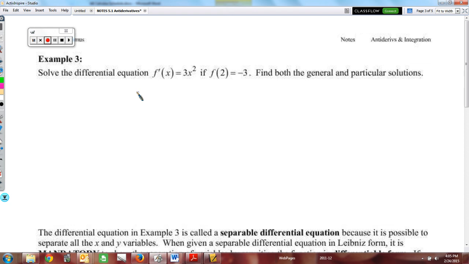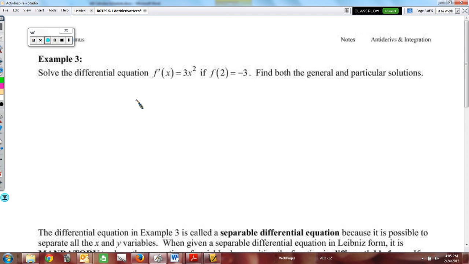Here's another one. Now this one is a little different, okay? Now when we're given a derivative, we like to call these differential equations, because the derivative is your differential in y over your differential in x.